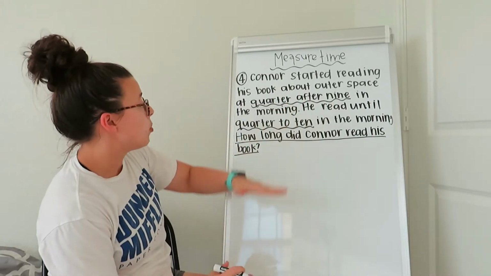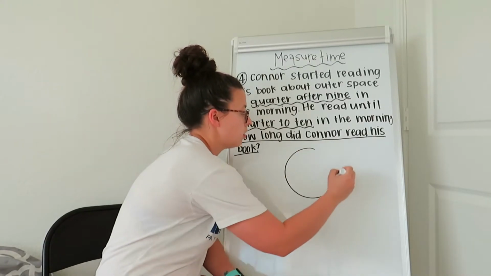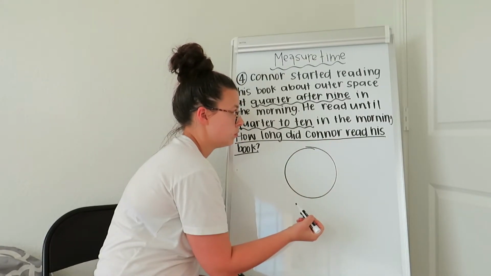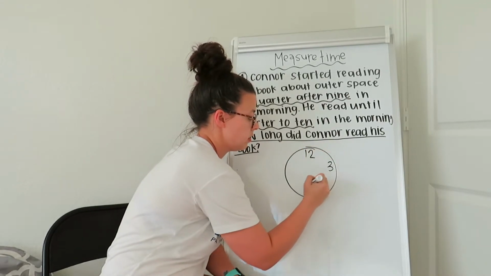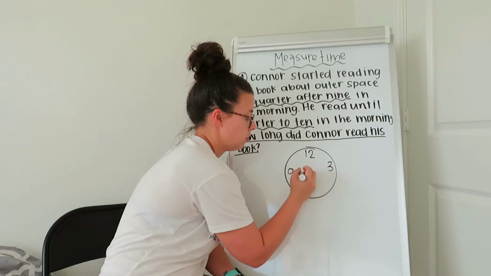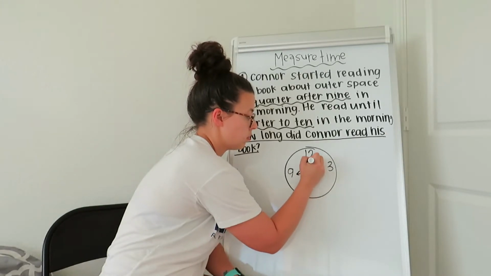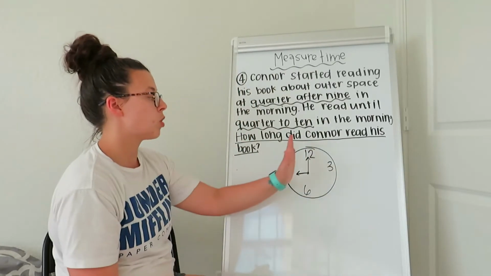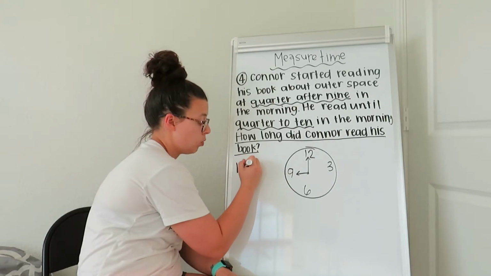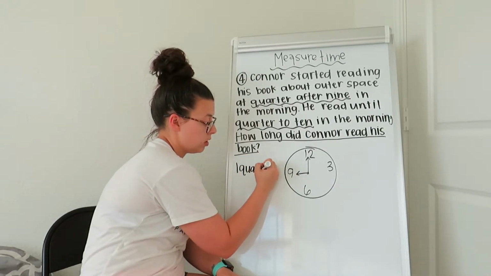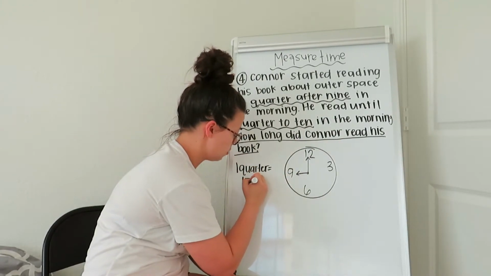Go back to my problem. We have 9:15. So again, let's draw my clock. 12, 3, 6, 9. If it was a quarter after, remember I told you 1/4 equals how many minutes? 15.